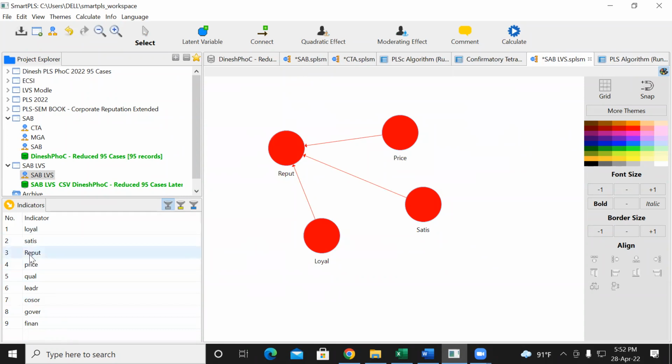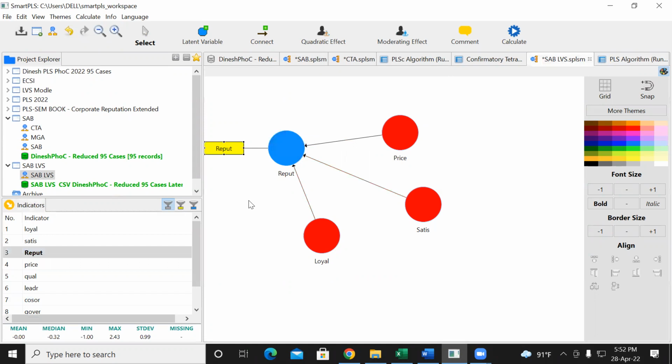Why? For reputation also a single latent variable is created, Mr. Lasantha. No need to use 3 indicators. Directly you can use the single latent variable score created for reputation. That would do at this level in the final model.